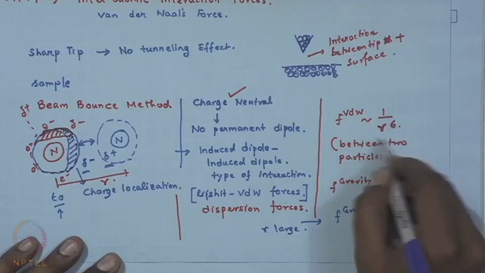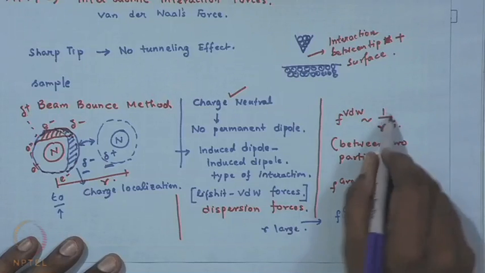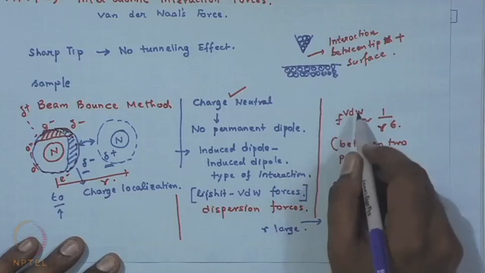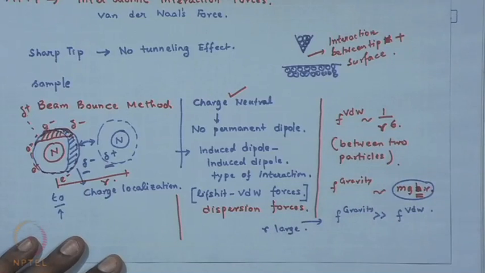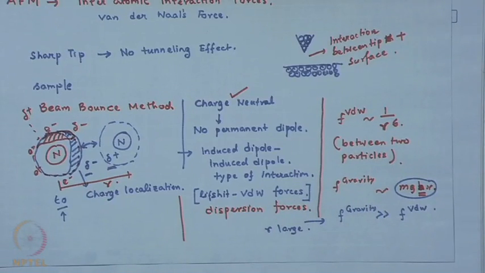However, you can now imagine if r is small, what happens? Since r is in the denominator, with progressive reduction of r, this term becomes dominating, and for very small r at the molecular level or at the mesoscale, the van der Waals force dominates at a much higher rate as compared to the gravitational force.